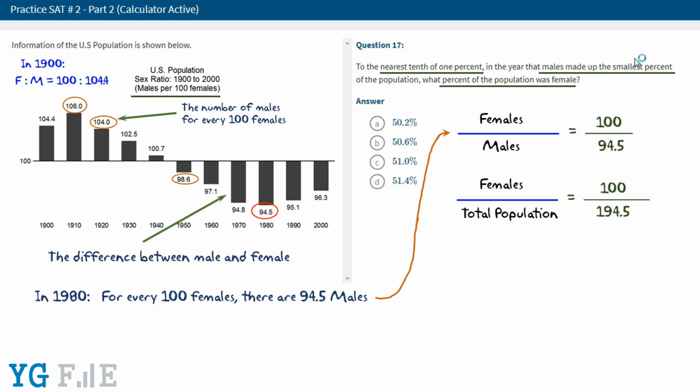The total population is the sum of these two numbers. To find the percentage, we multiply this ratio by 100%. Using our calculator, the percentage of the female population is 51.4%. Therefore, the answer for this problem is D.